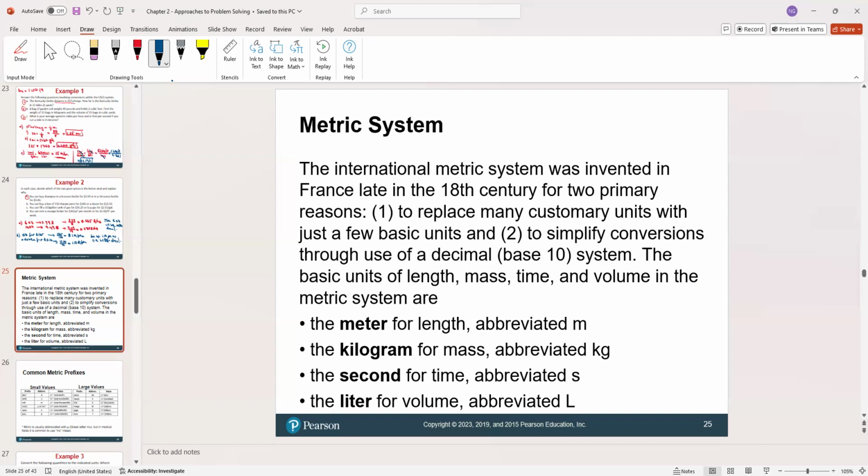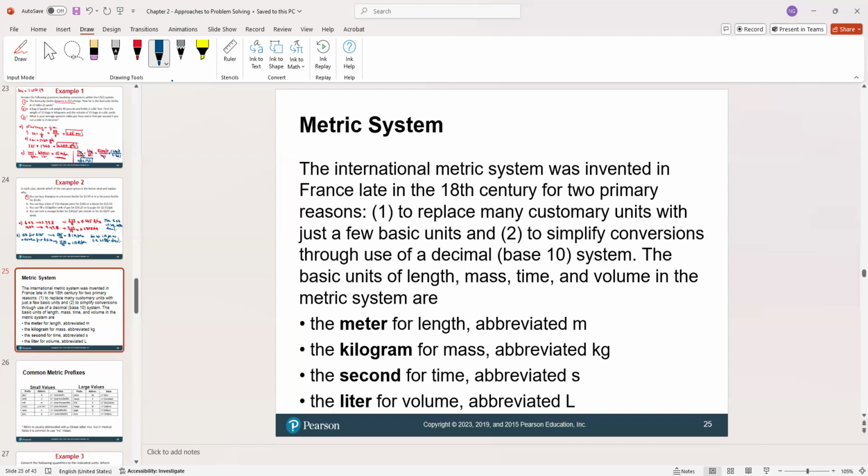So we said the basic units of length, mass, time, and volume in the metric system. For length, it's mostly meter and kilometer. Mass is kilogram, if you want to know the weight. Time is in seconds. The liter is for volume. So it all depends on which system you want to use.